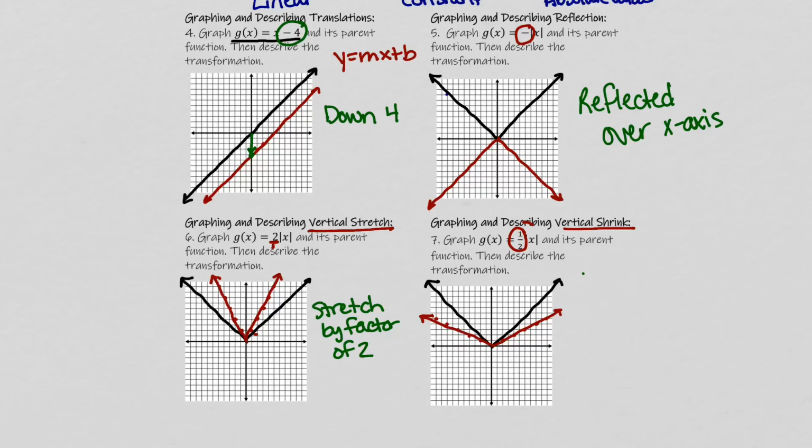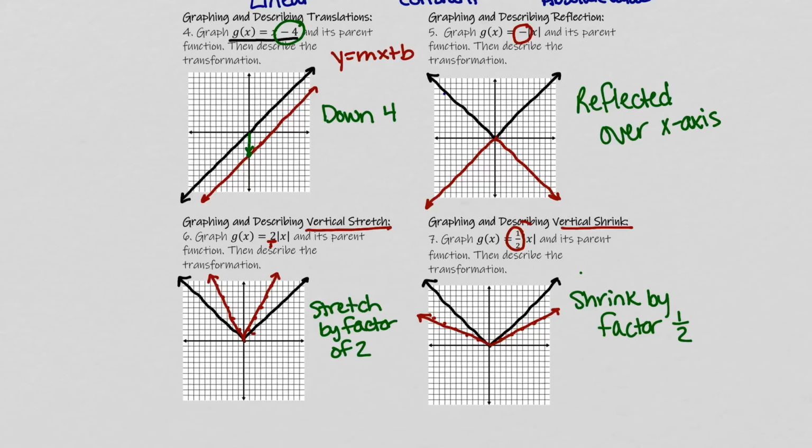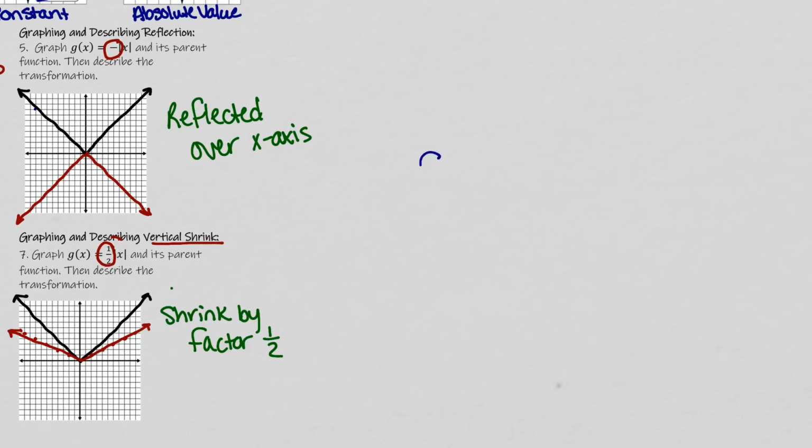And then this was a vertical shrink by the factor 1/2. All right, now that you've done these, you should be able to go to the practice and do problems 9, 13, 14, 17, 20, and 25.